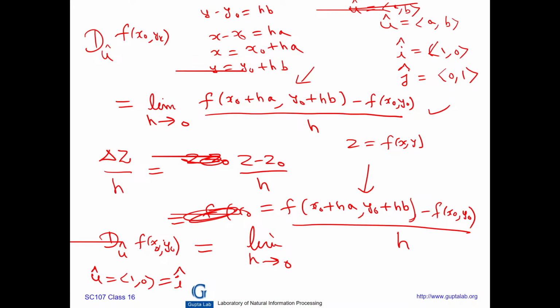This will be nothing but the derivative along i of f at x naught comma y naught, which is nothing but f_x. Similarly, you can get f_y, right? When you take j vector. If u is i, you get derivative with respect to x. If u is j, you get derivative with respect to y.